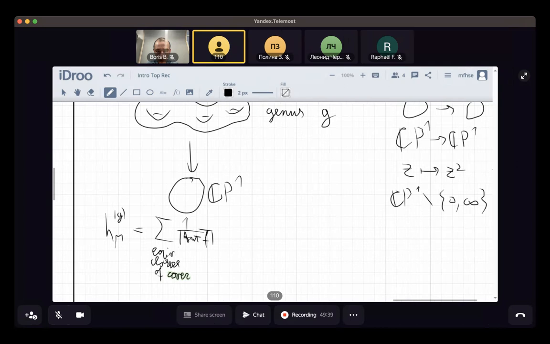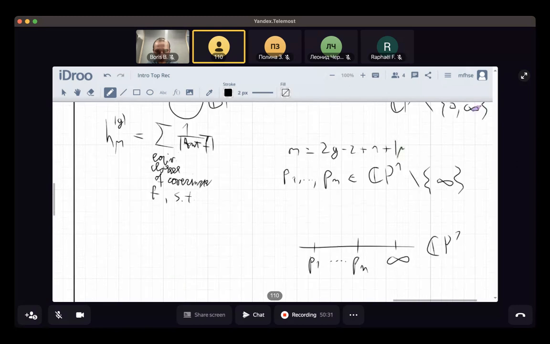Such that we have P1 and so on, PM downstairs in CP1. So we have m points here. So here we have infinity, and P1, and so on, Pm, some m points, where again m is related to g as 2g minus 2 plus m plus size of mu.